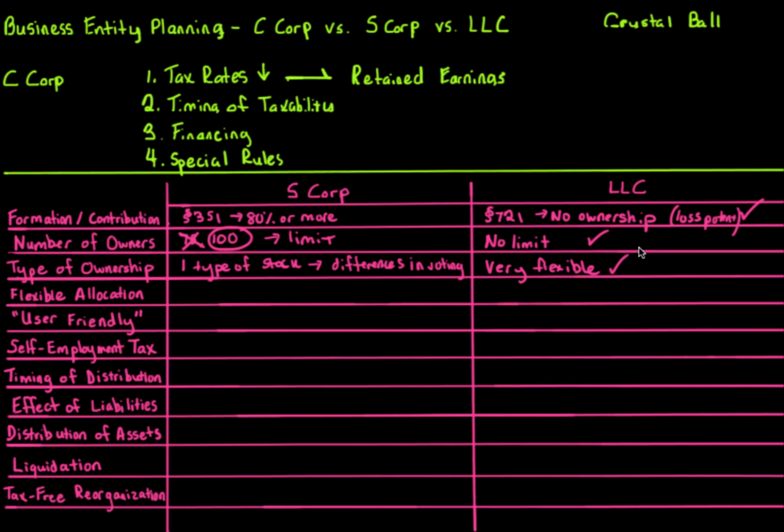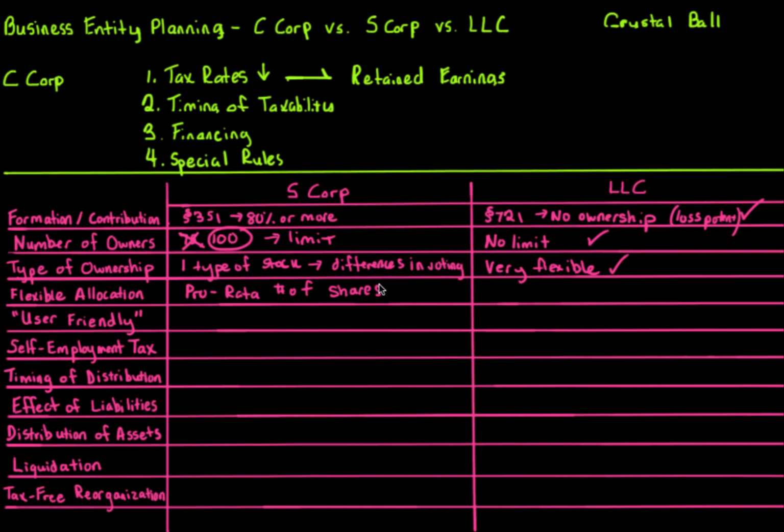Okay, next one is flexible allocation. So what is the general rule in terms of allocation? We're talking about allocation of profits and losses. Well, with S corporations, which remember, S corporation stands for Small Business Corporation, the idea is that it's pro rata, the number of shares. Let's say you have 2 owners in an S corporation and there's 1,000 shares.